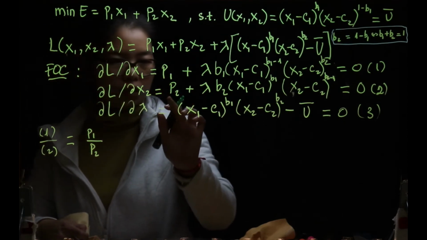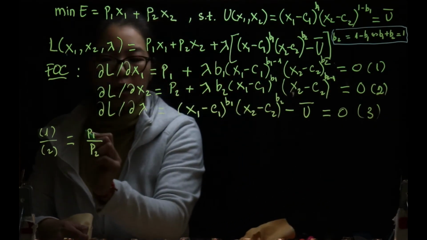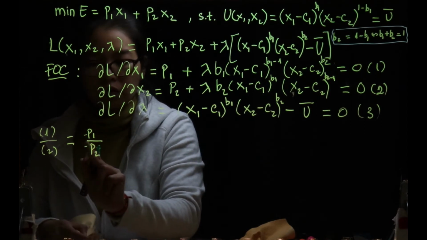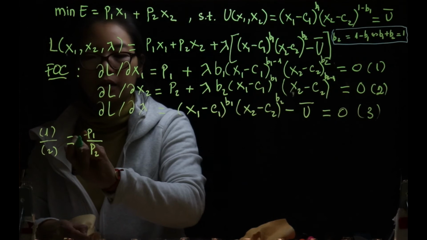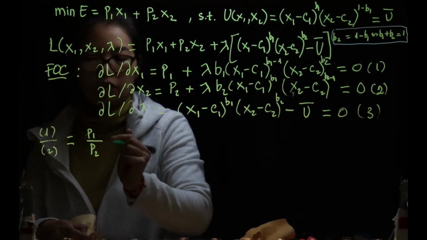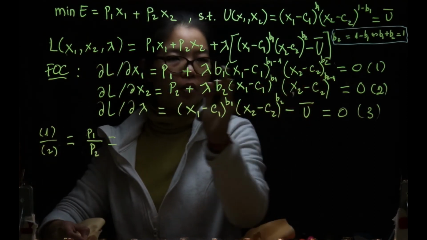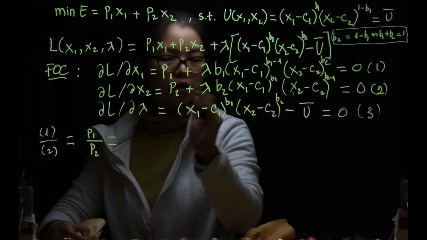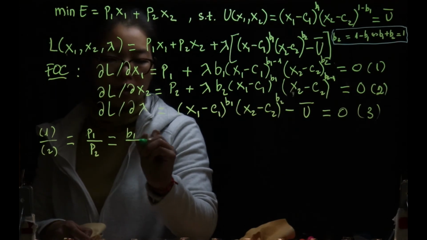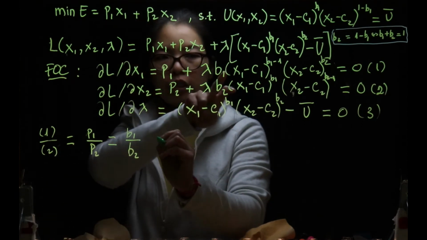If you put b1 and b2 on the right hand side of the equations, then you have a minus over here. But because you have minus both above and below, at the end it cancels out, so we don't have to write it down here. And then what is left in this part? Lambdas cancel out, so you have b1 over b2, the two exponents.